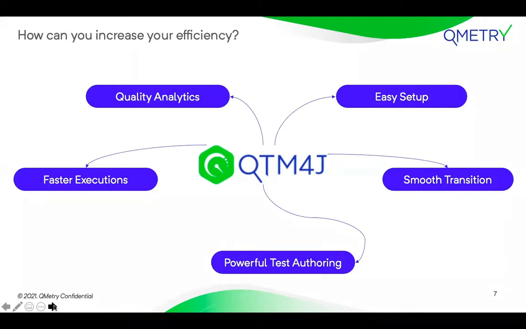The focus of this presentation is to understand how a test management platform, and specifically QMetry for Jira, can enable testing teams, individual team members in their specific roles, to leverage this platform and get towards better testing efficiencies.